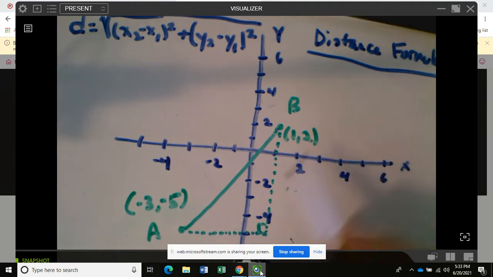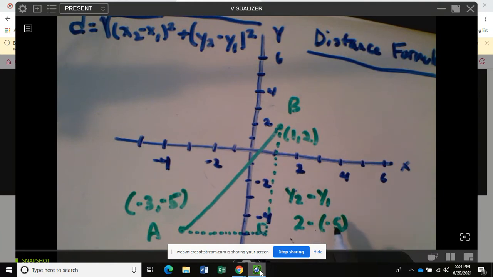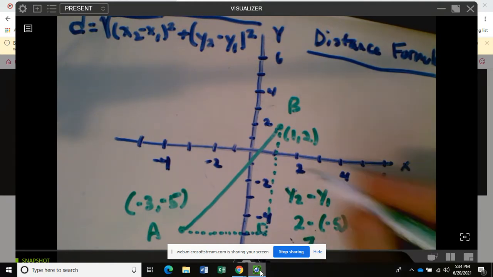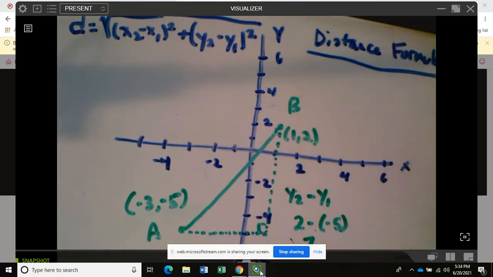We have y2 is 2, y1 is -5. So this is y2 minus y1, which is 2 minus -5. And remember, if you subtract a negative number, you really add the opposite. You add a +5, so that would be 7. So the length of this side right here is 7.